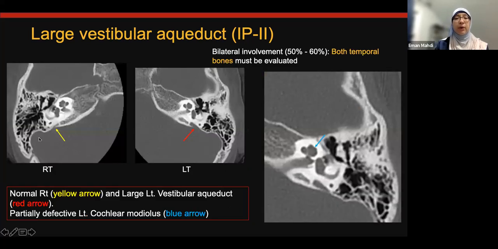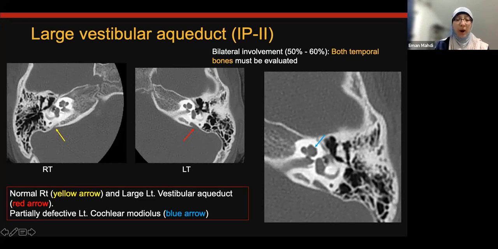So that's an example case. The right side looks normal. And again, I told you before, I don't use much of these measurements, I don't keep them in my head. For the vestibular aqueduct, you should always compare it with the adjacent semicircular canal. It should be around the same width as the adjacent semicircular canal.